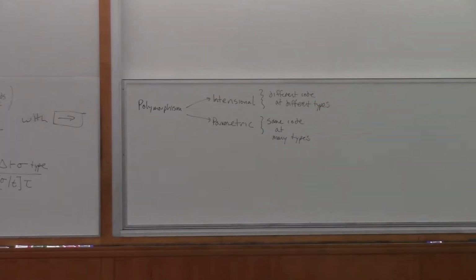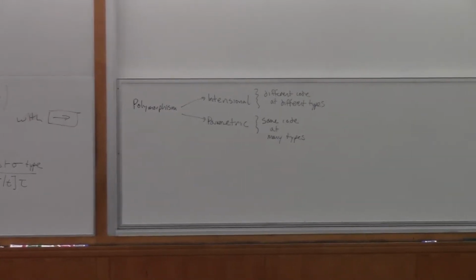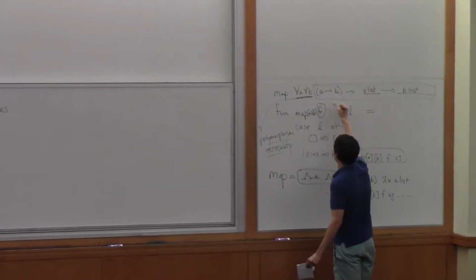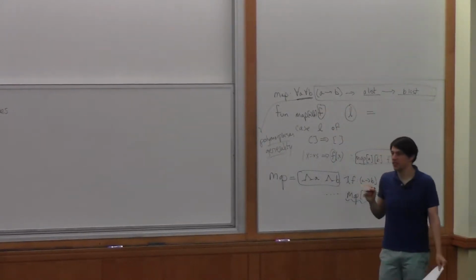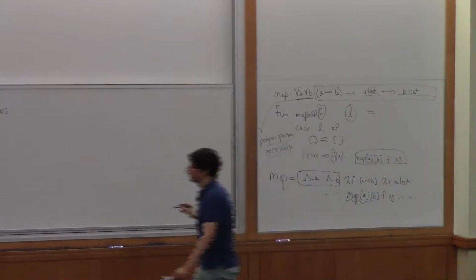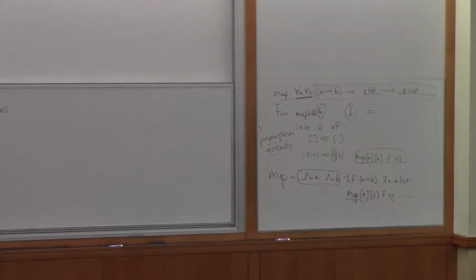So if you think about something like map, we're really doing the same thing, no matter whether we call map with int and int, or int and string, or string and int, or whatever. No matter what we do, we're taking a function and a list and applying the function to each thing in the list. So that's an example of parametric polymorphism.